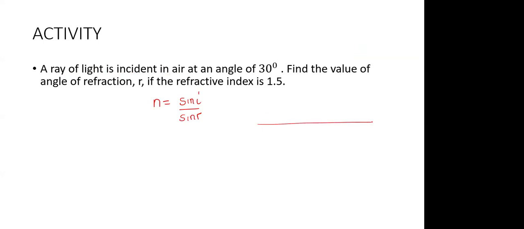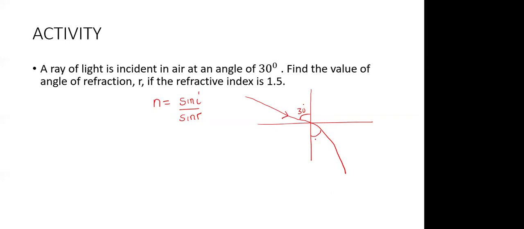This is your light, and when it comes, it is incident like this. The angle you have here is 30 degrees. Find the value of the angle of refraction if the refractive index is 1.5. What does it mean? That light is entering into a medium that you are not sure of, but they are telling you the refractive index of this medium is 1.5. So what are we going to do?